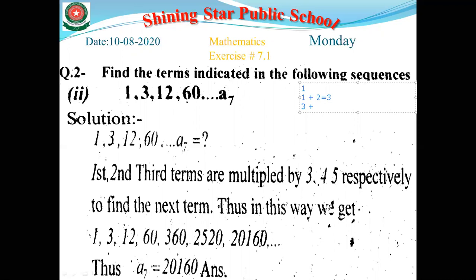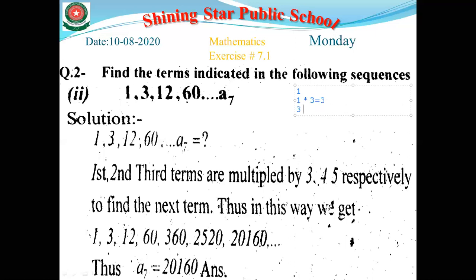So now, in this question, we cannot make the sequence with the help of addition, so the difference is not equal. That's why we adopt some other method. First term is 1. Second term is 3, so we multiply 1 with 3, that is equal to 3.